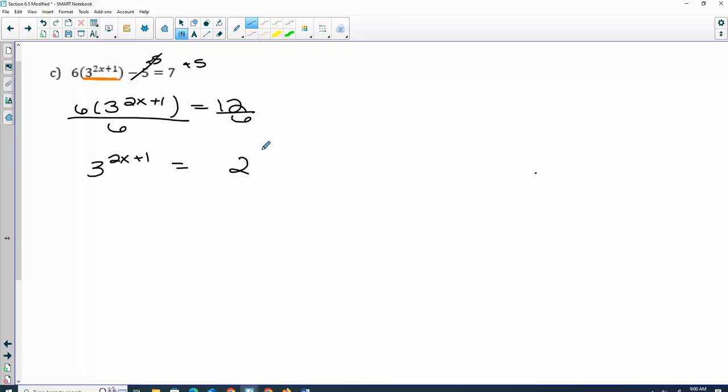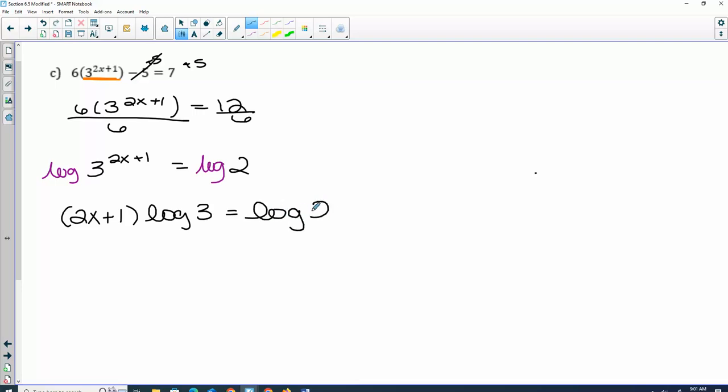At this point, we can't get a common base, so what do we do? The reason we add the logs is because of the property that the exponent can come down in front. So then, if I want to get x by itself, what could we do?